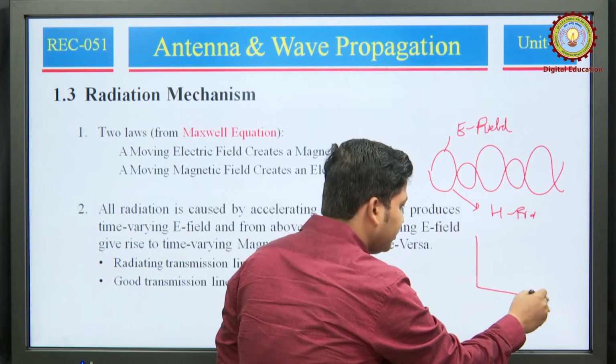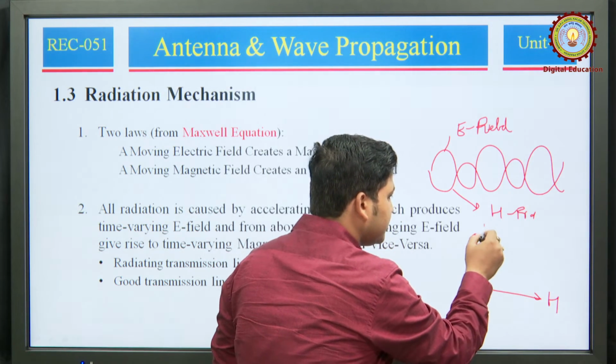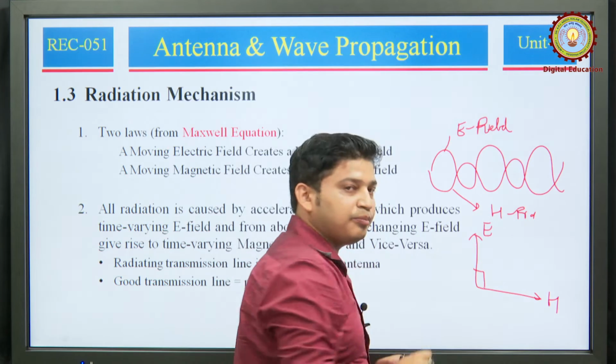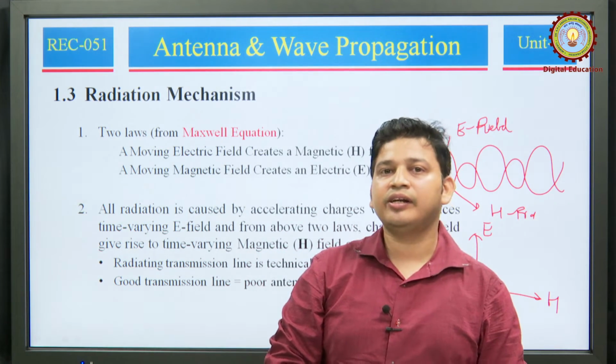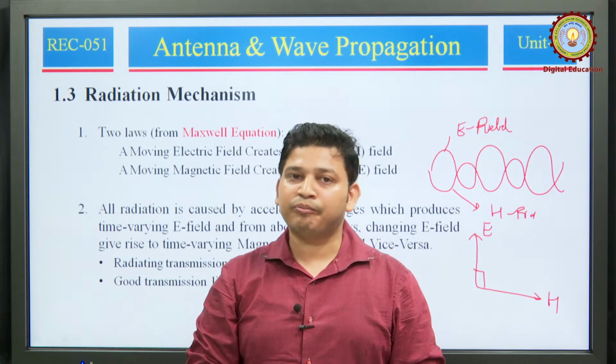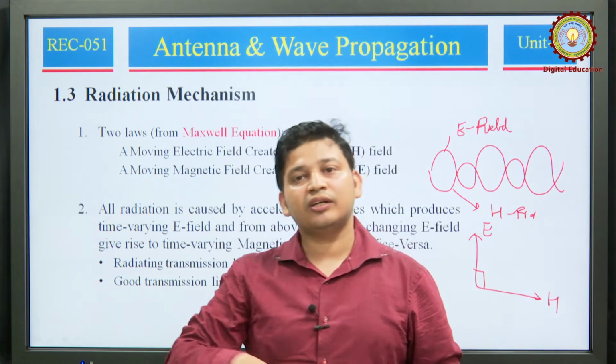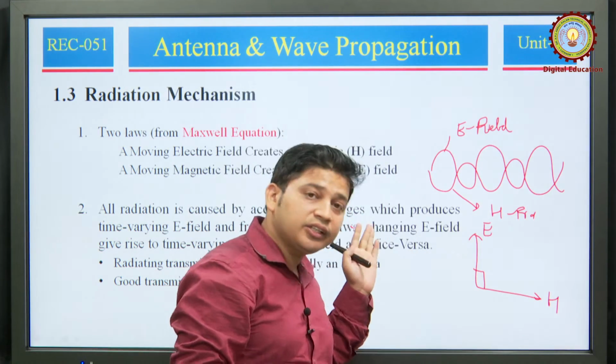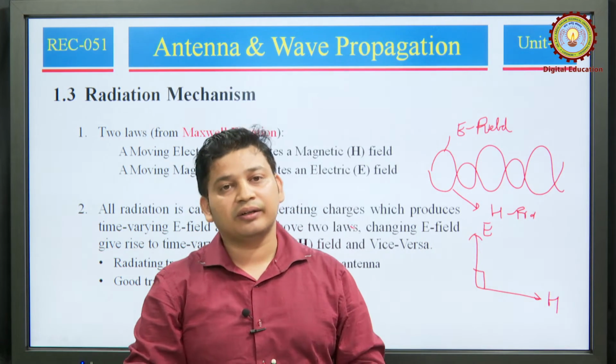In 2D, this is the H field, this is the E field, perfectly separated by a 90 degree phase shift. So, this is the way you should remember the generation of electromagnetic wave, which is the radiation governed by antenna.